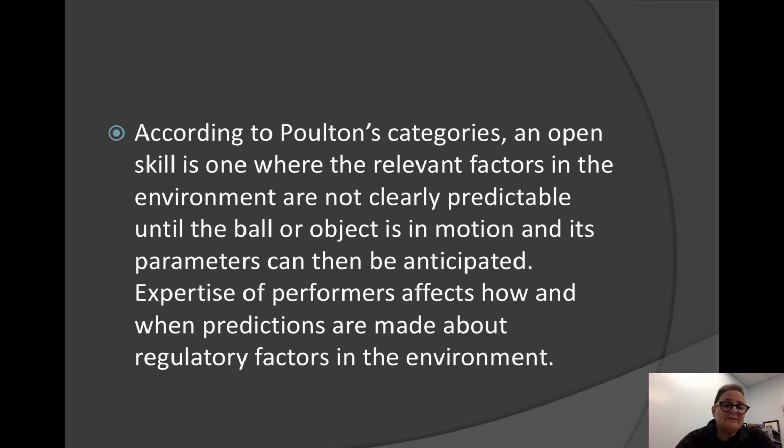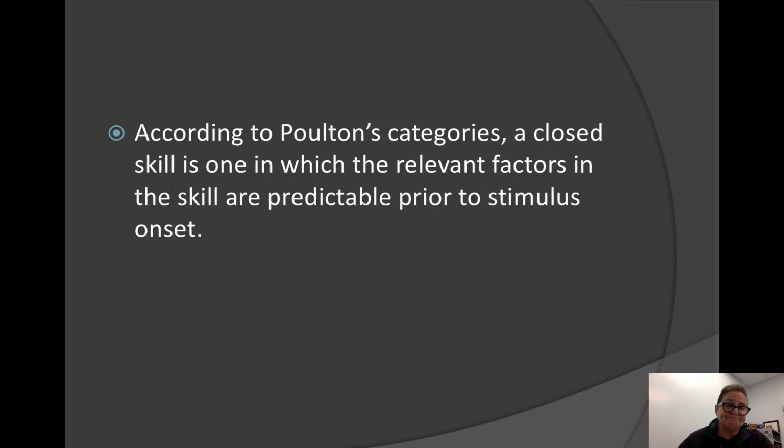Expertise affects how and when these predictions are made about these regulatory or relevant features in the environment. For open skills, we have to wait a little bit longer to understand how the object or the ball is moving in the environment in order to be able to make predictions about where it's going to be.